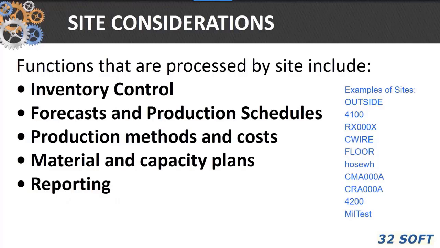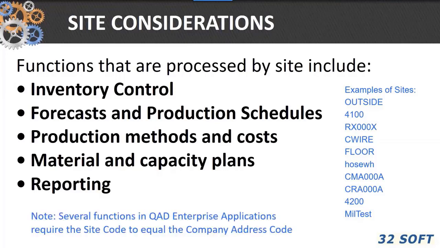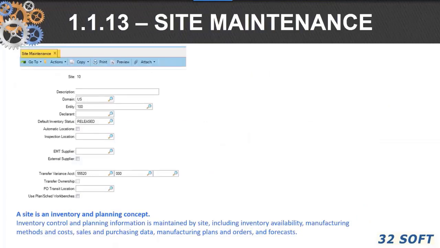It's where you do forecasts and production schedules, production and costs, material and capacity plans, and you report at a site level. There are some in EE that require the site code to be equal to the company code if you take that into consideration, but you can set up however many sites you want. You can have 2 sites in the same building, 1 site in another city. It all depends on how your particular facility is built.